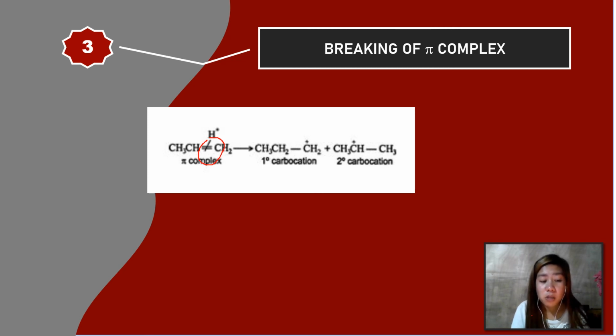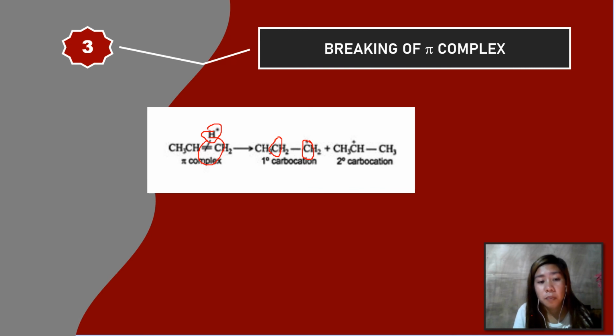The pi complex breaks, creating a single sigma bond between one carbon of the double-bonded pair and the hydrogen. So this hydrogen here can create a sigma bond between this carbon here, the second carbon, or this carbon here, the first carbon. It's either of the two. This is what happens when we say the breaking of the pi complex.